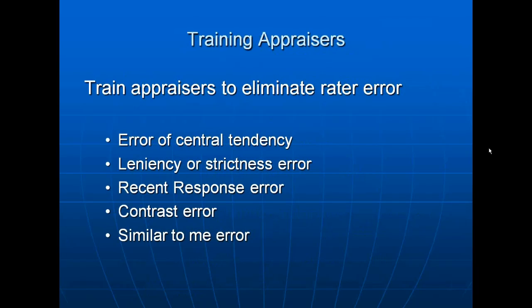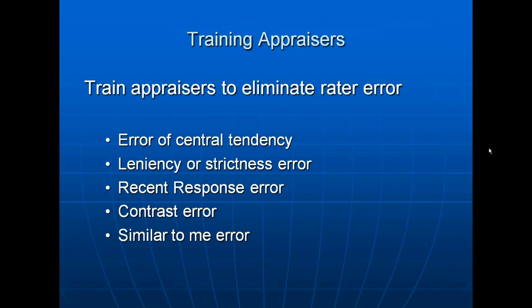In addition, we need to train the appraisers to eliminate rater error. The specific errors we're trying to eliminate are the error of central tendency, the leniency or strictness error, recent response error, contrast error, and similar to me error.